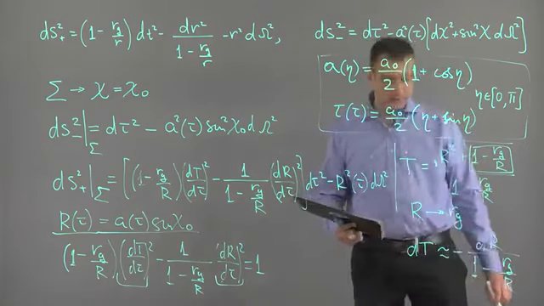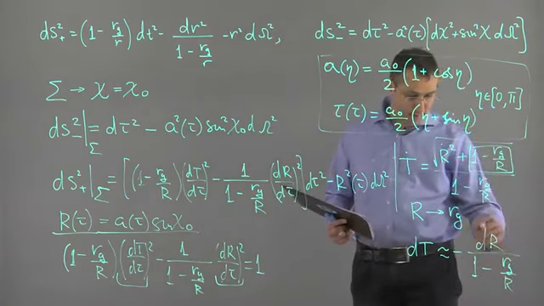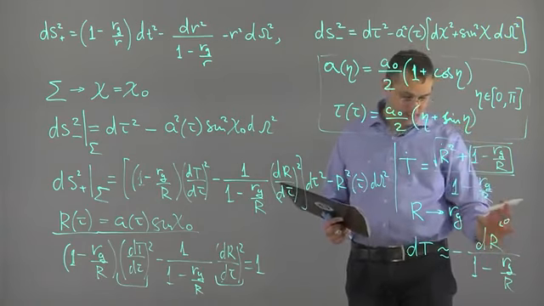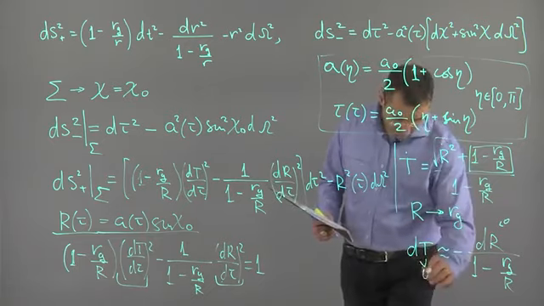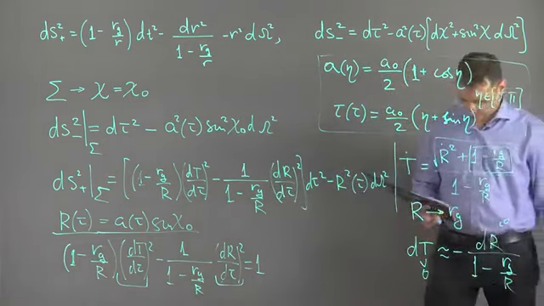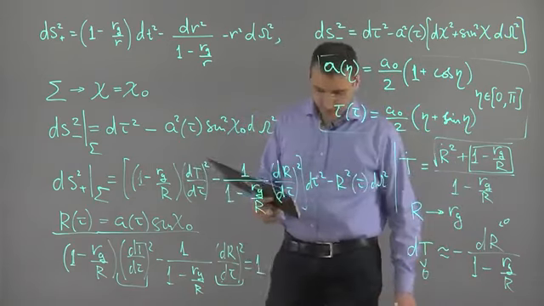The minus sign appears because dr is less than 0, since the surface of the star is shrinking as dt goes to future infinity.